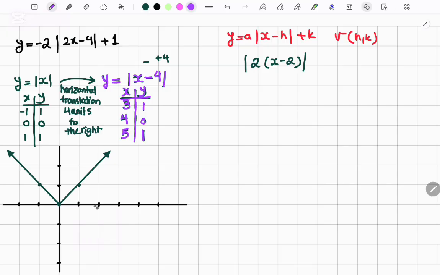So it's 3 and 1, 4 and 0, and this one. Okay, so it's going to be looking like this.